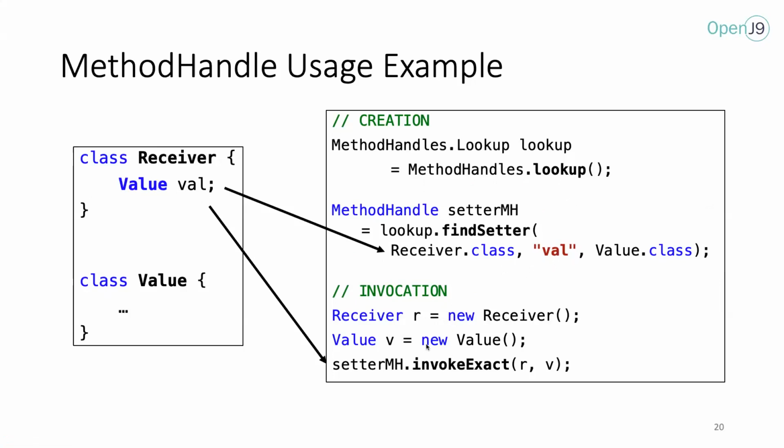And to set the new value to the field val of the receiver, we perform an invokeExact on that setter method using that setter method handle. So this is a simple example of how this can be used as an end user.